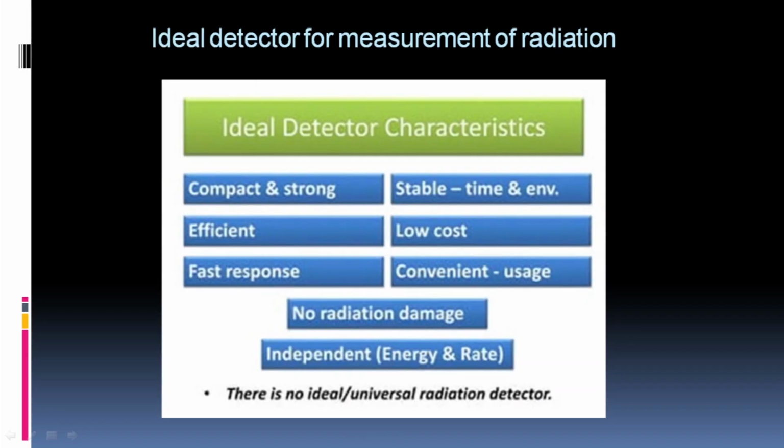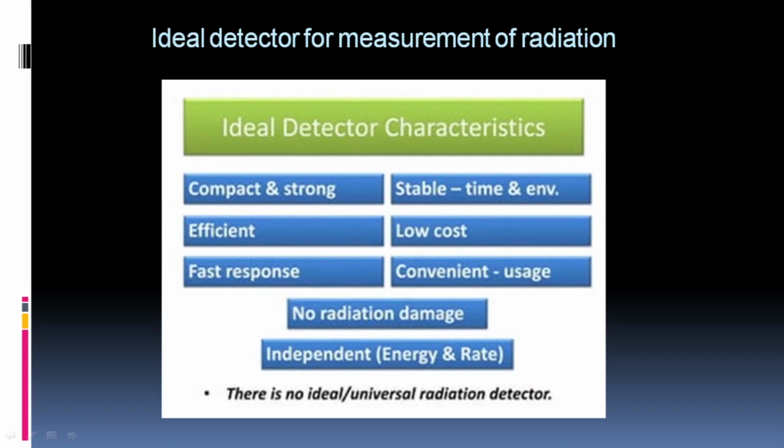Now, what will be the ideal detector characteristics for measurement of ionizing radiations? Ideal is a very ideal term to define for anything, for an ideal human being, for an ideal educational institute, for everything.